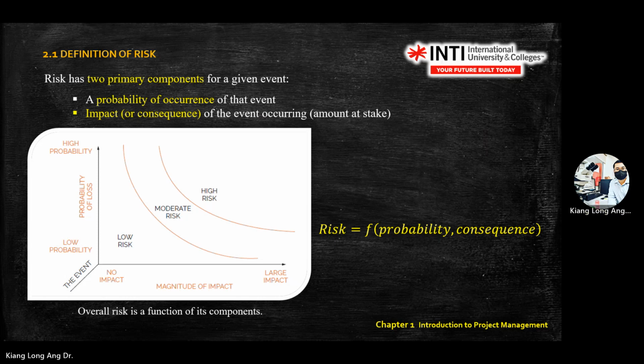So if you want to write this one in calculation, your risk function has two unknowns: probability and consequences, meaning your x and y. You do mathematics, right? Your function y equals function of x, y, right? This one you learn in your mathematics.